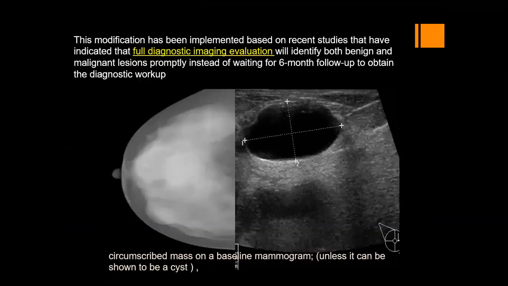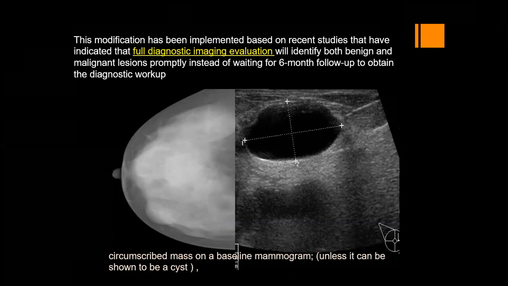Okay, what about this? On mammography it can be a BIRADS 3 or 4A, but after ultrasound, it was downgraded to BIRADS 2. So that is why they prefer to immediately do workup, to downgrade or to upgrade the lesions, rather than leaving the patients staying for unnecessary follow-up.